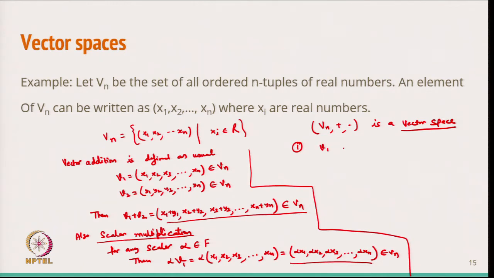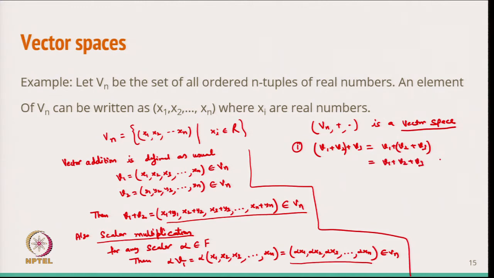We can take V1, V2 and V3, and then I write V1 plus V2 plus V3 in both groupings.